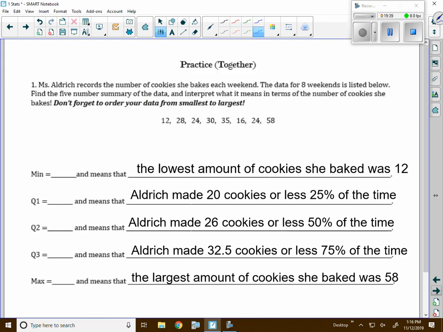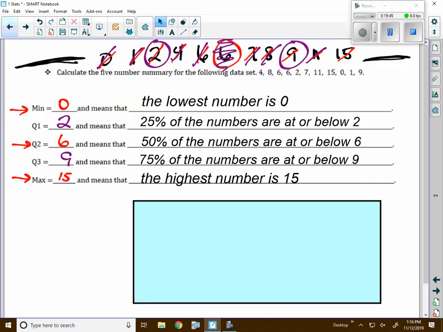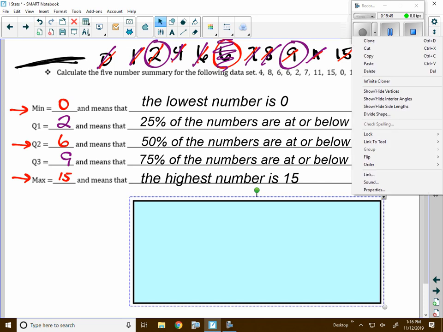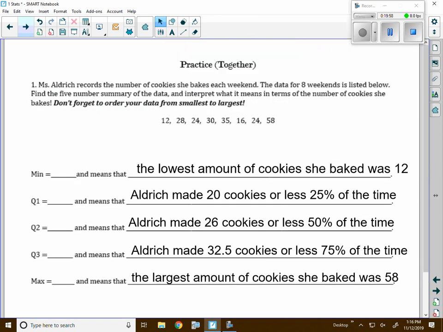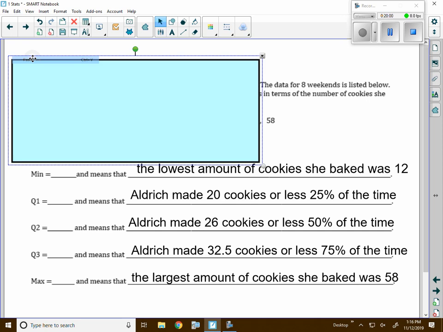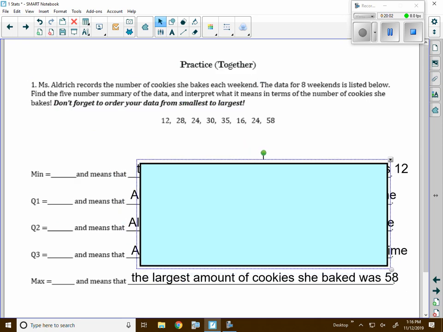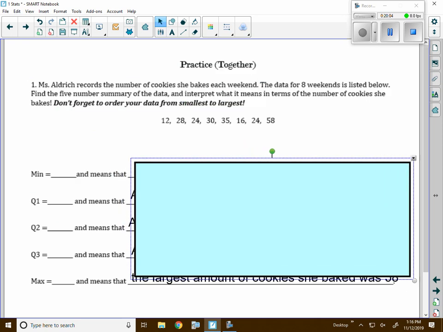All right, so we're going to do an actual question here with word problems. I want you to go ahead and put your data in order.